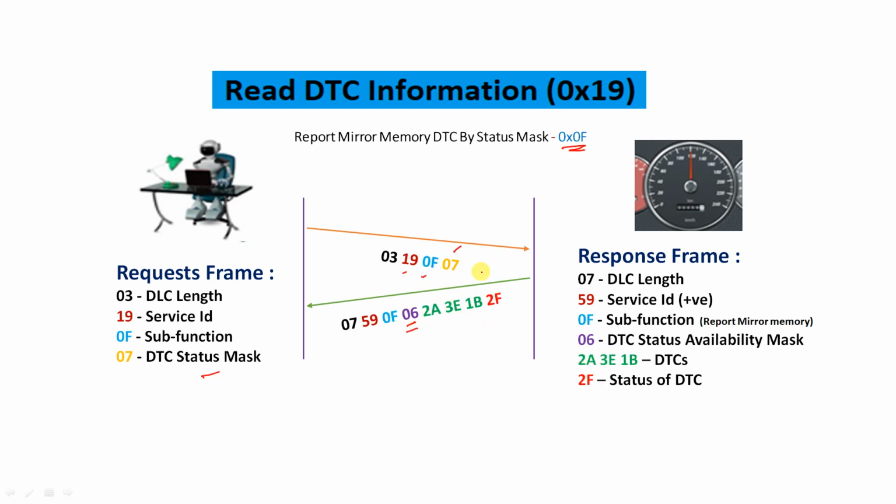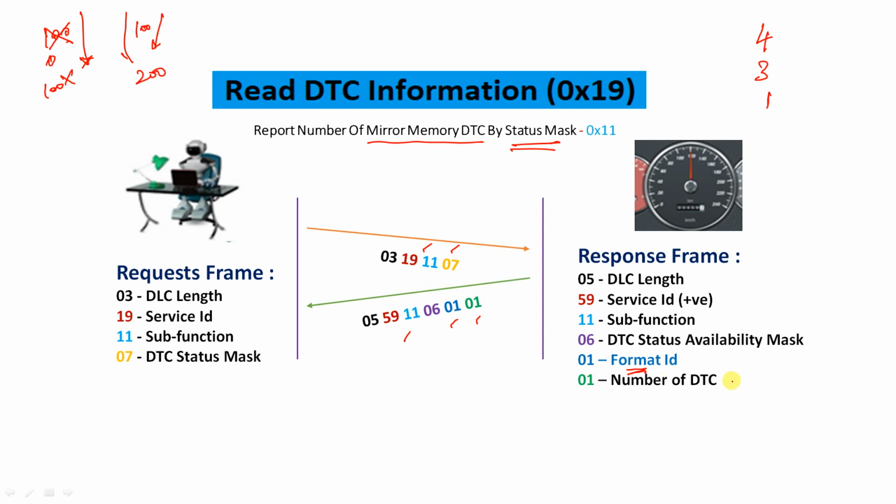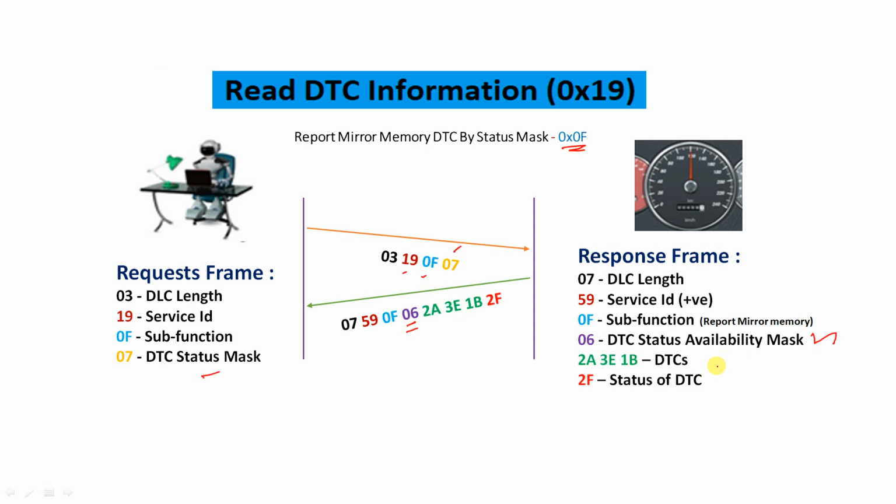But when you request for the DTC, we have the DTC status availability mask, because it holds the DTC. Similarly, the format identifier holds the number of DTC count. So 06, then this is the DTC, then this is the status of DTC. That's all about report mirror memory DTC by status mask.